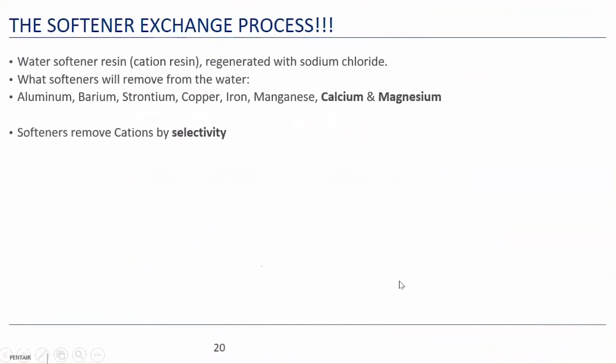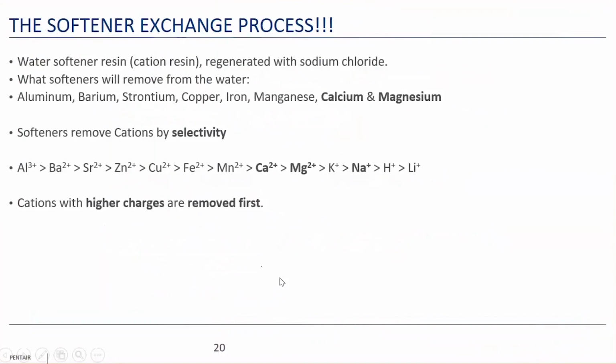So if we look at the softening exchange process, this is just a quick look at chemistry. What we typically deal with in hardness is calcium and magnesium. These 2 guys right here. Everything bigger on the periodic table, farther down the chart when it comes to cations, is more tightly held by a cation exchange resin.